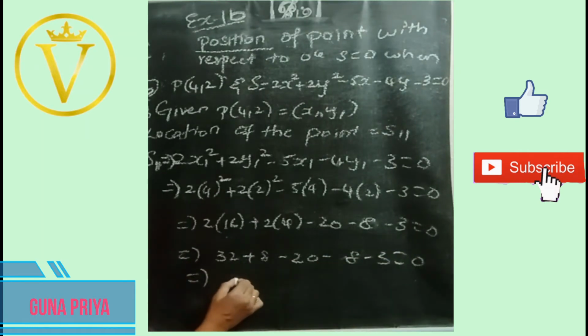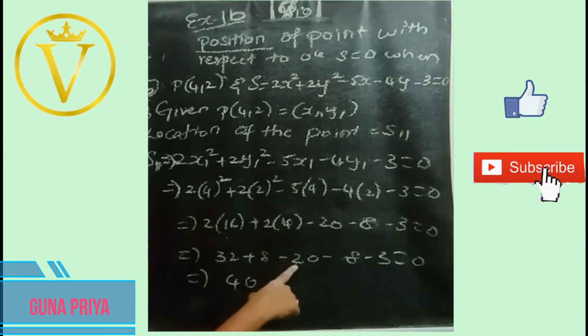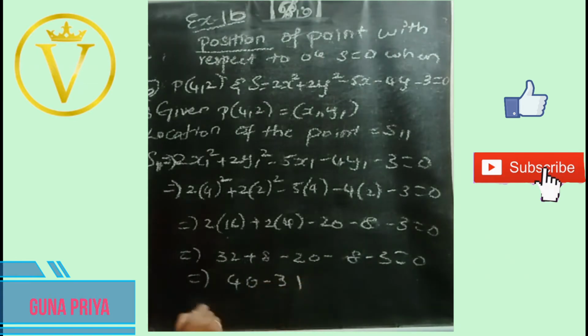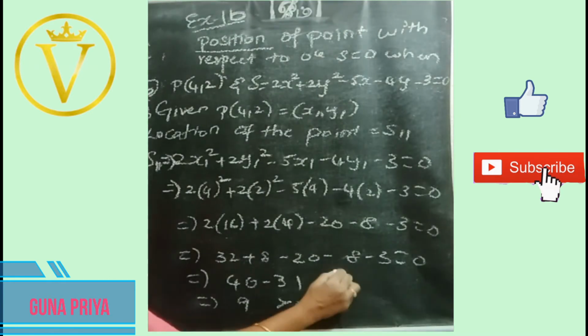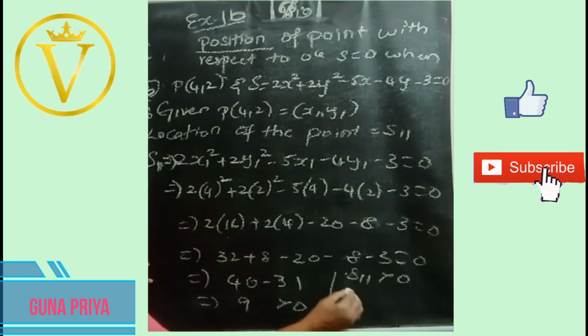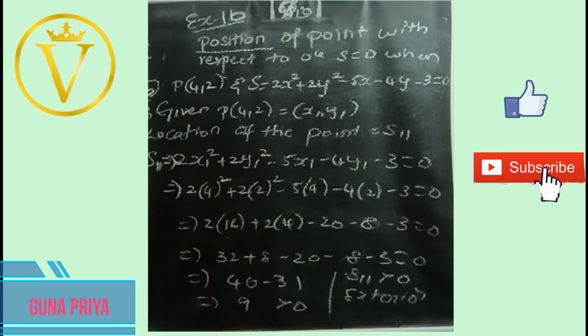Then you will get 32, 40, 20, 28, 31. So you will get here 9. So 9 is greater than 0. So here S11 is greater than 0, exterior. Okay. Next we will go for the fourth problem.